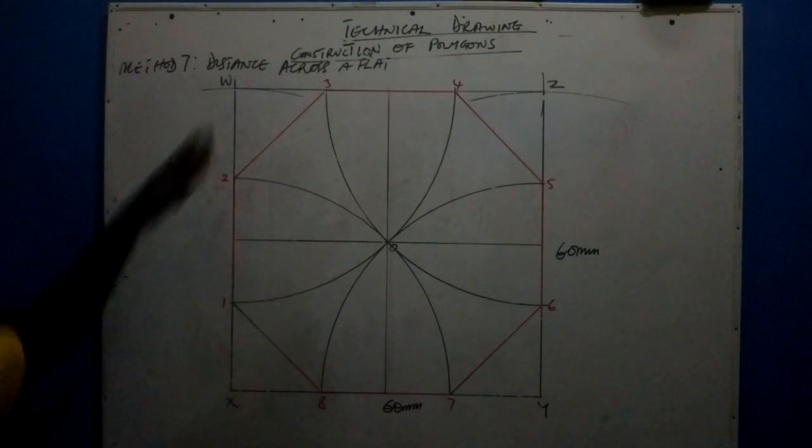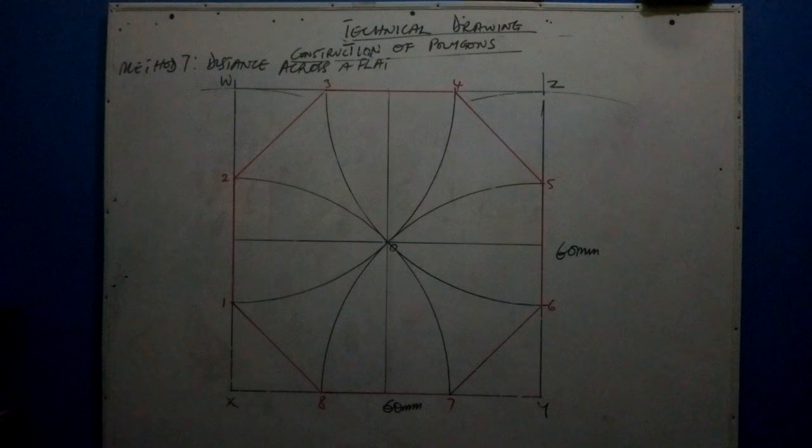And this is how we use the distance across a flat to construct an octagon. It's not all polygons that you can use this method on, but you can sit down, analyze and look at the type of method you can apply.